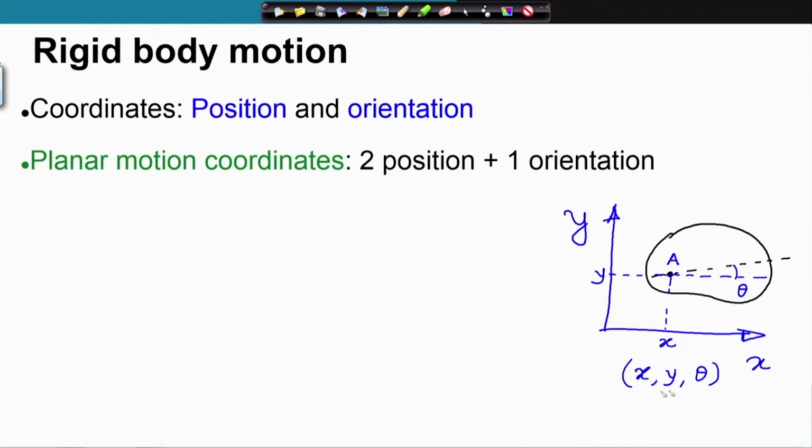By keeping track of x, y and theta, I can uniquely locate the body in a plane. So, we have 2 position and 1 orientation coordinate for planar motion.